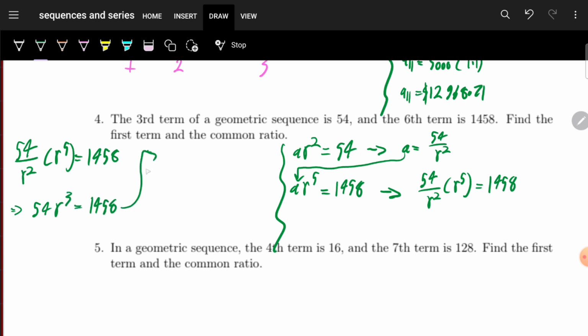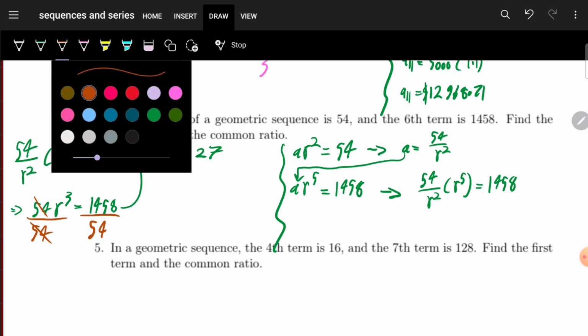If we divide both sides by 54, what do we get? 1458 divided by 54. So we get r cubed is equal to 27. So that was after dividing by 54 on both sides.